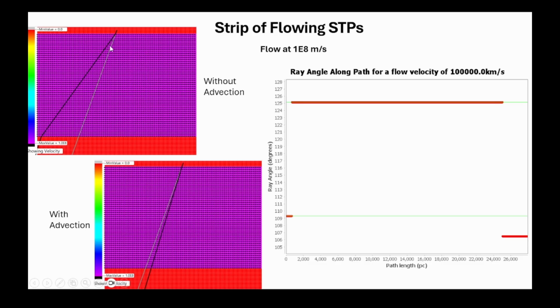So this is looking at the light without advection, and now we're going to have advection. As the light is moving in, the angle is going to change, but it's going to be carried along with the medium. So what we would actually observe is an angle that is closer to the straight line of the non-distorted light.